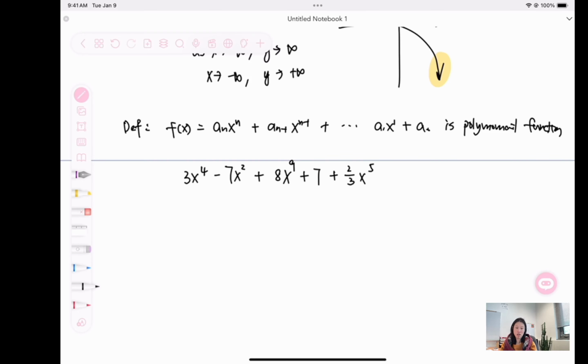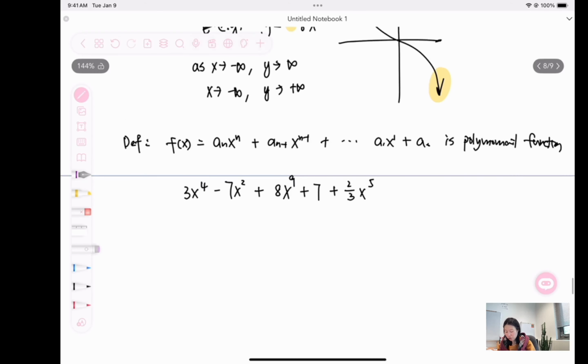A power function is a single power, and this is a polynomial. A polynomial is multiple power functions combined. So we have 1, 2, 3, 4, 5, totally 5 power functions combined.